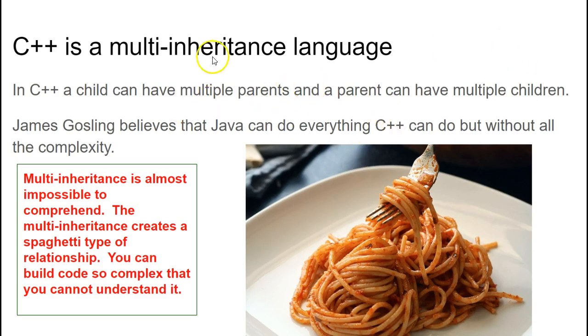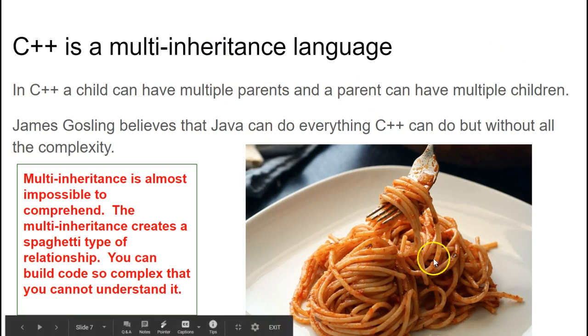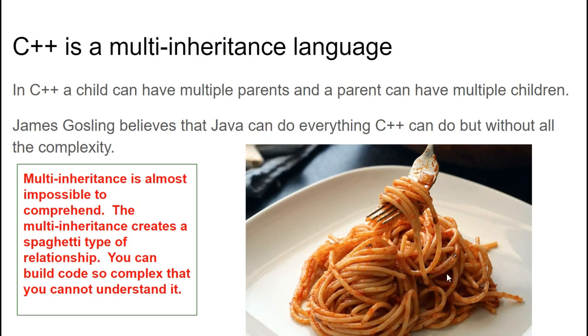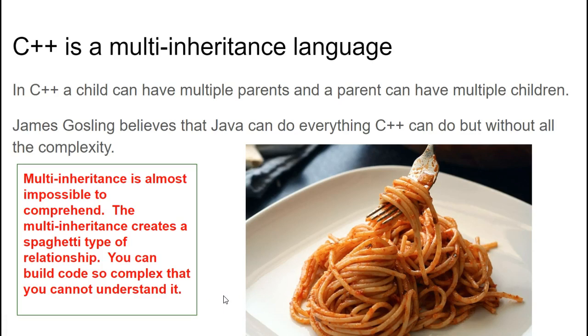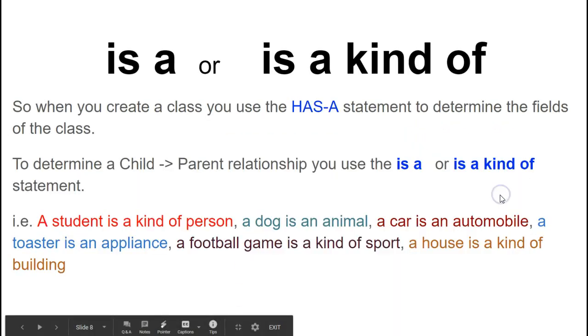So once we start in multiple inheritance, it's kind of like tracing through a pile of spaghetti. Multi-inheritance is almost impossible to comprehend. You're going to create a relationship that's eventually going to be all over the place like spaghetti. It's said that with multi-inheritance, you could build code so complex that you can't understand it.